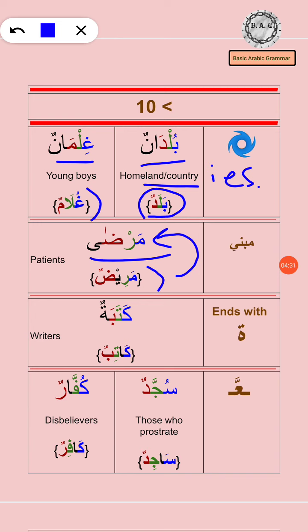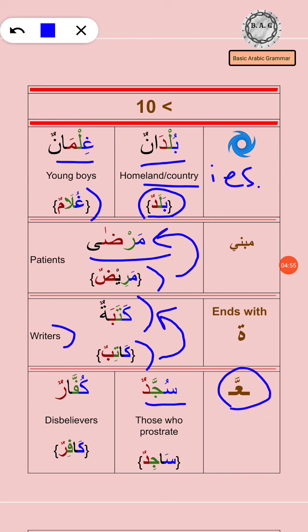The next one is fa'alatun. This is the pattern fa'alatun, and the root word that we used is katibun. When used in fa'alatun, it becomes katabatun. It means writers. Then the next example is sujjadun. Notice this group.